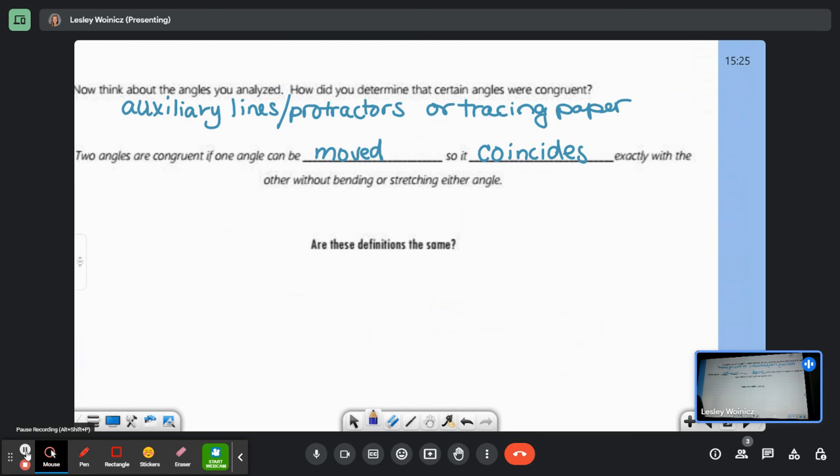Could we have used the tracing paper on the segments, do you think? You want to try? You should have room. Let's try.